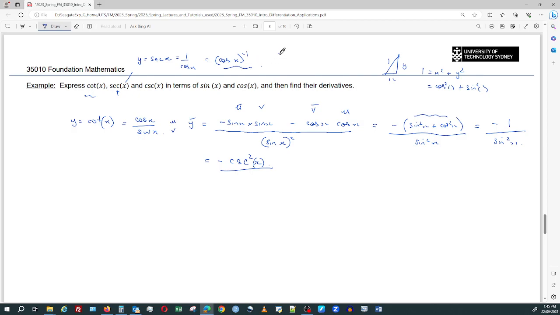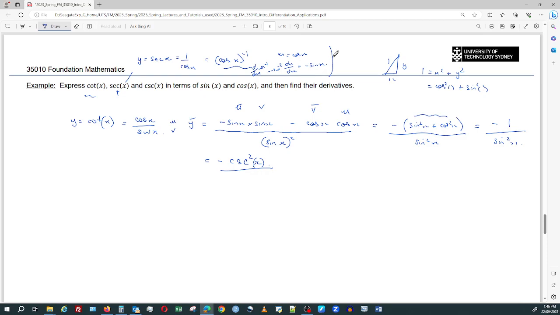So u is equal to cos x, u to the minus 1. So du/dx is minus sin x. That one would be minus 1 u to the minus 2. So we can put them together.